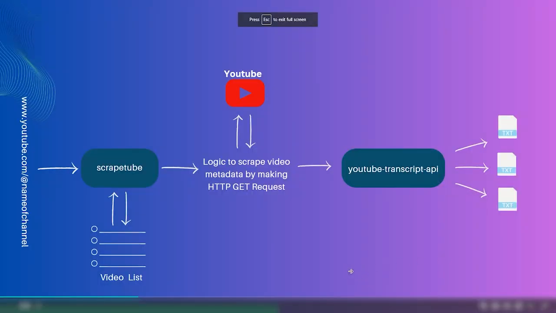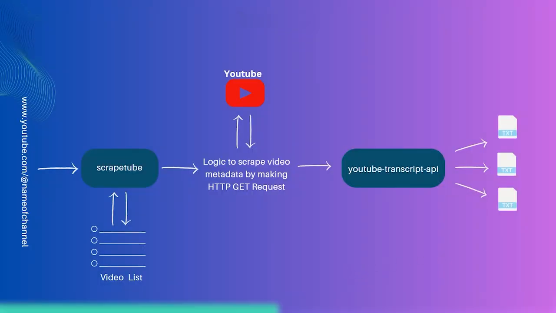Before jumping into the code part, let's understand the architecture of it. You provide the URL of the channel and the name of the channel, and then Scrapetube is a package which takes this URL and gives all the videos of that particular channel.